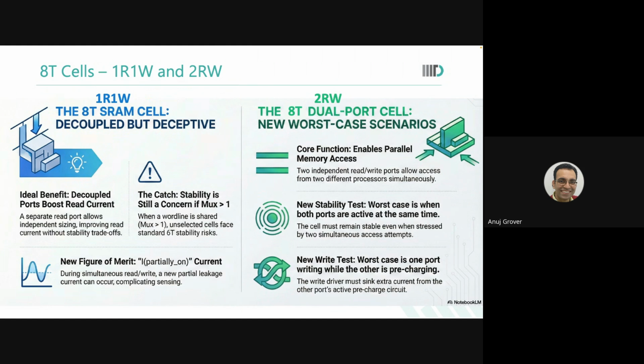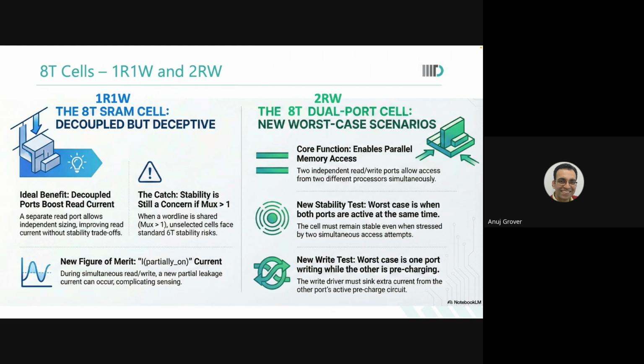Because pass gate, you can still keep the same size, but pull down is sinking current from two pass gates now. If pull down is not large, what will happen? First, there will be a constraint on the current that will flow. Second, the Vx will rise for both the ports. Are you able to see this?